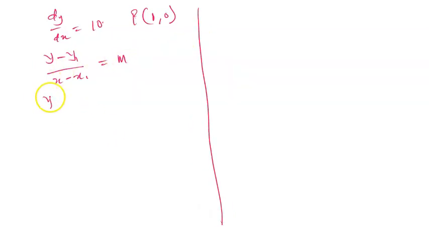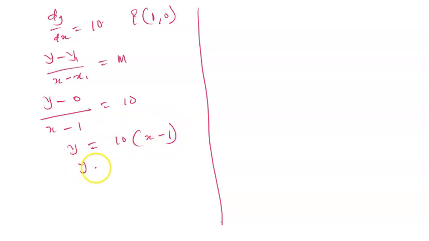So that y minus y1, here is 0, over x minus x1, here is 1, is equal to 10. Y now will be equal to 10 times (x minus 1), so that y equals 10x minus 10. This is the equation of my tangent.